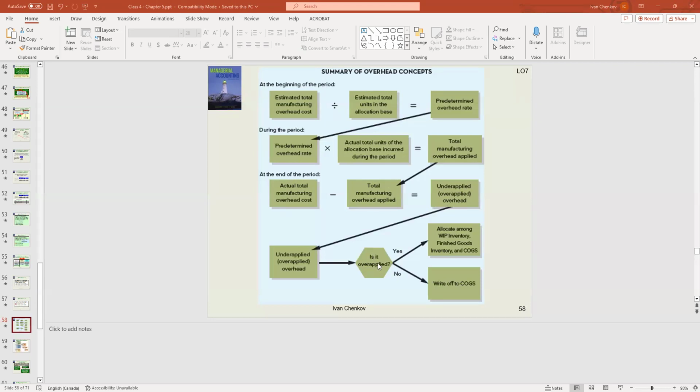If it's over-applied, we allocate the amount among work in process, finished goods, and cost of goods sold. If it's under-applied, we adjust cost of goods sold.